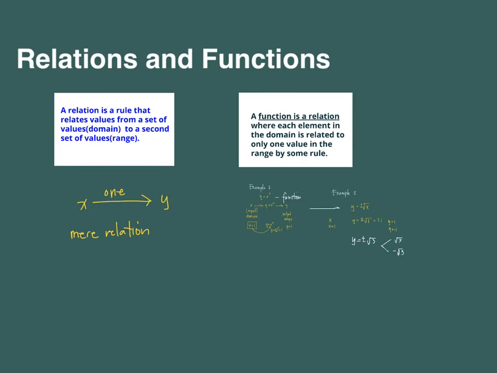So notice that this rule shows an example in which a single value in the x is leading to two values in the y. Clearly, this is not a one-to-one situation. Therefore, this example is just a mere relation. So that's how you identify a function from a mere relation.